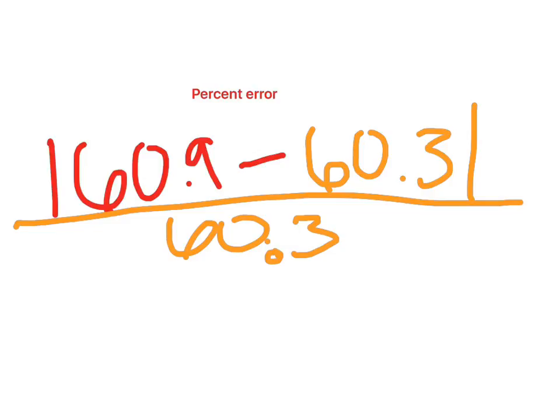And when you do the absolute value, if you get a negative in the absolute value, like -2, the negative doesn't matter, so it's just going to be 2. In this case, you have 60.9 minus 60.3, which is a positive number, and it's just going to be 0.6.